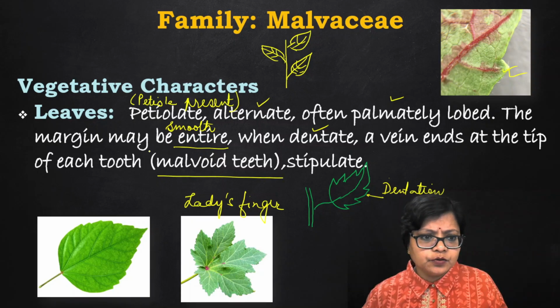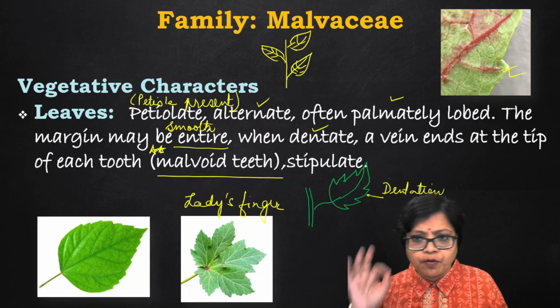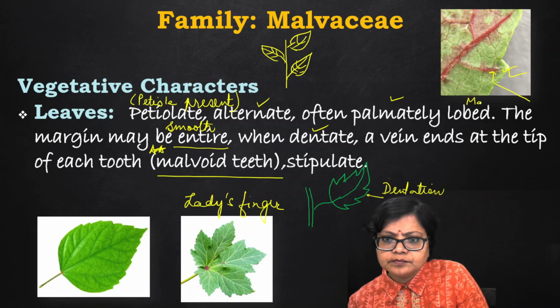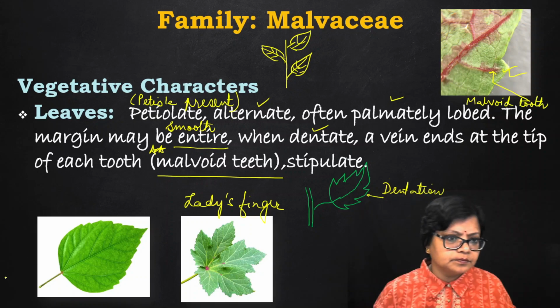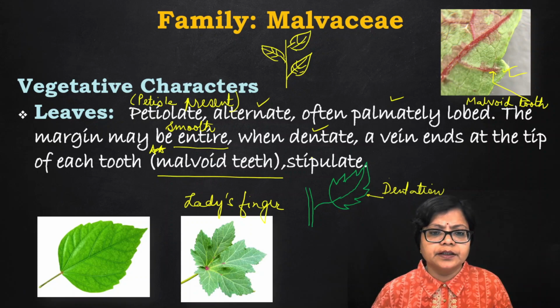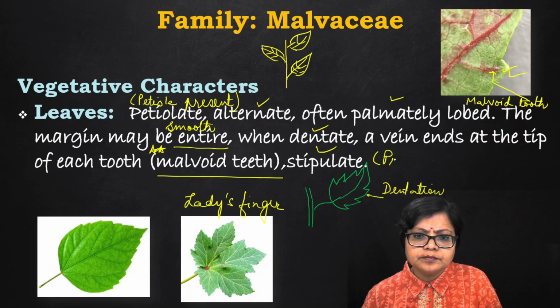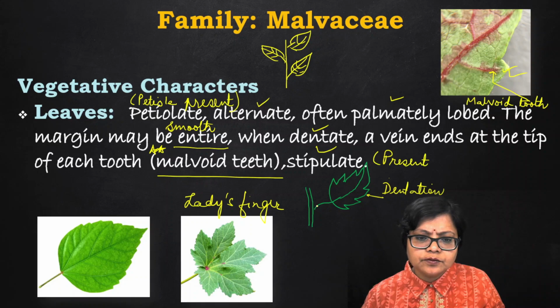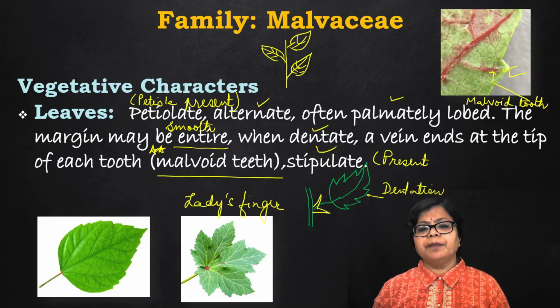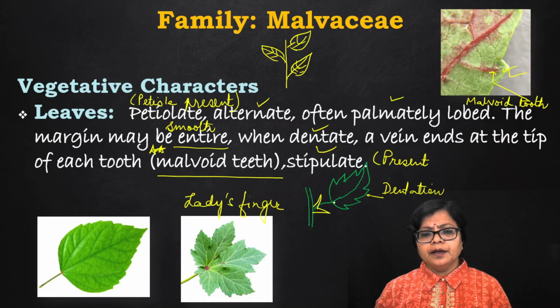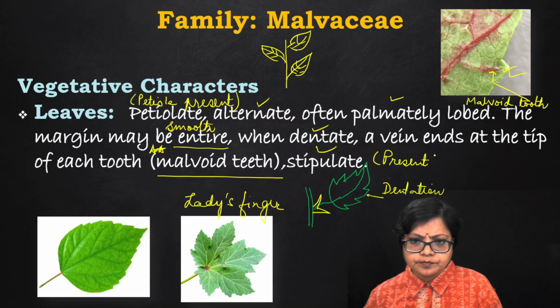This point to be remembered, very important point. Stipulate means stipule present. What is stipule? Stipule means scaly outgrowths which develop on both sides of the petiole or the leaf stalk.